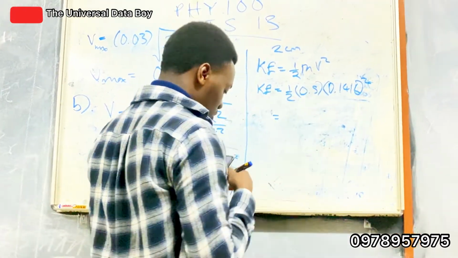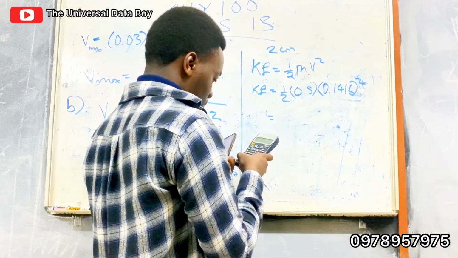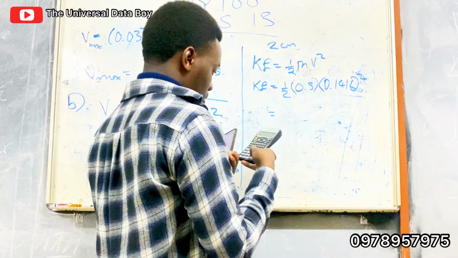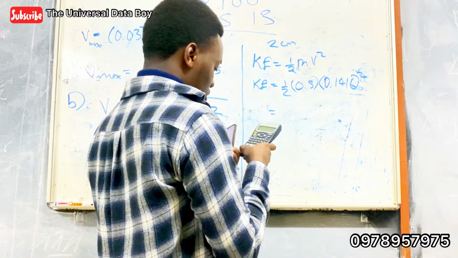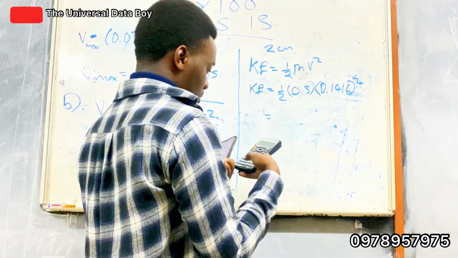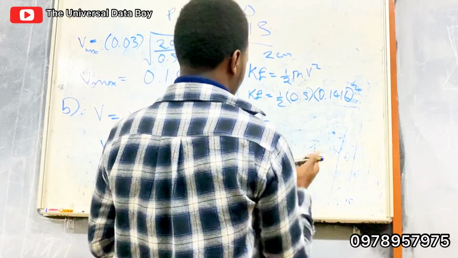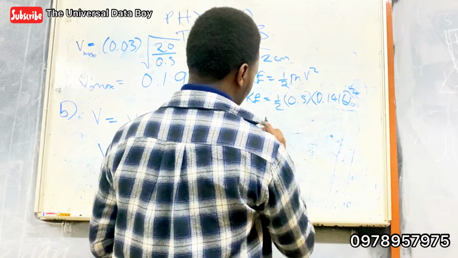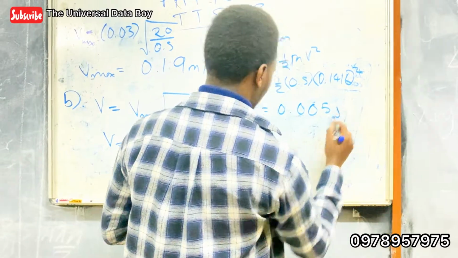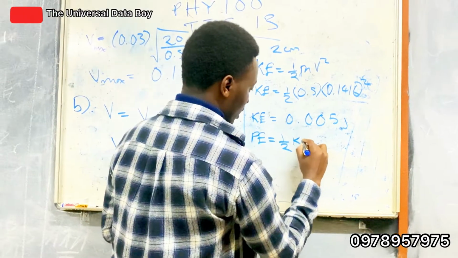So 0.5, which is 1 over 2, times 0.5 gives us 0.25 times 0.1416 squared. The answer is giving us 0.005. So the kinetic energy at that point is 0.005 joules.